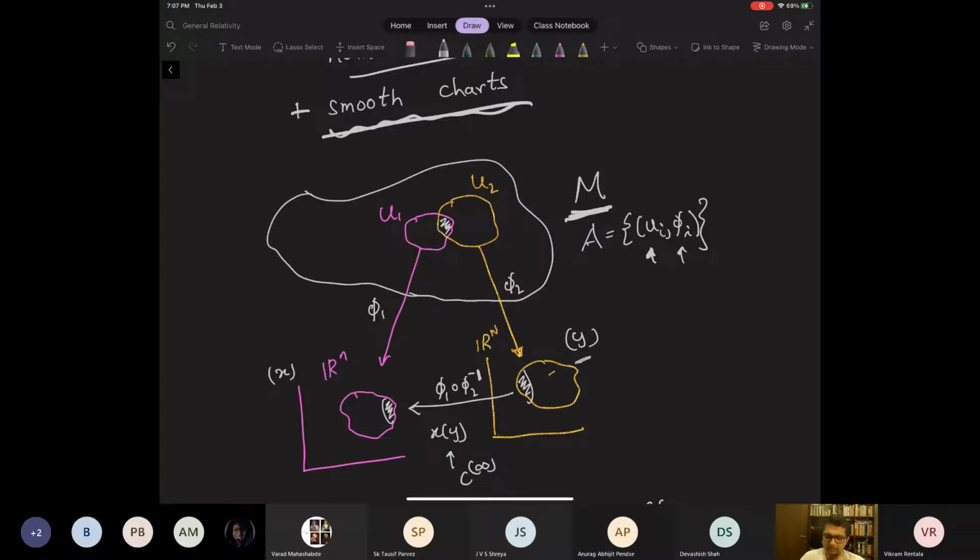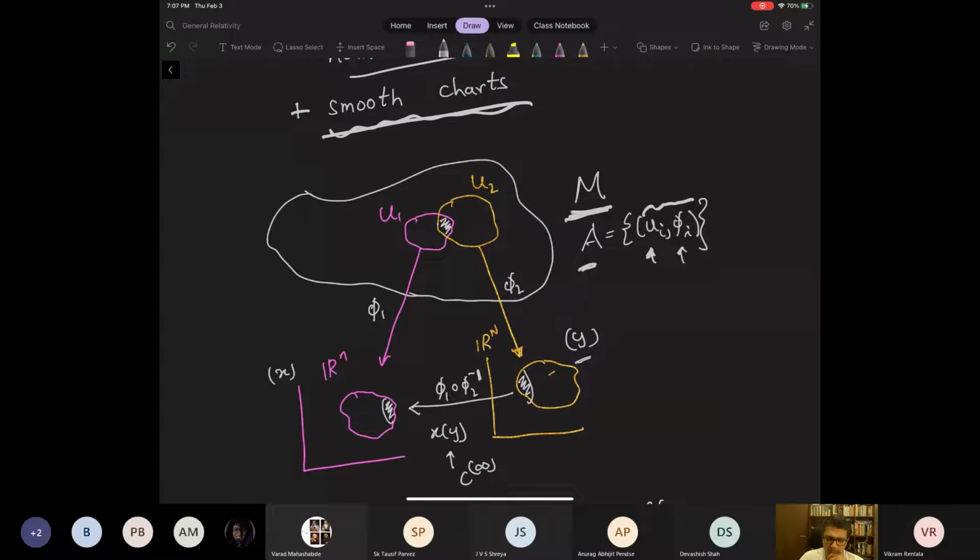Remember, open subsets are in the context of the topological definition, so in Rn, open subsets are open balls or unions of open balls. Now we imagine that M is covered by a collection of such Ui and phi i's, and that gives us what is called an atlas on the manifold M.